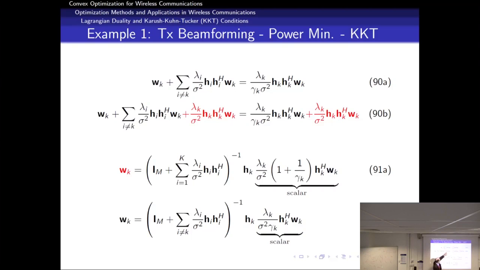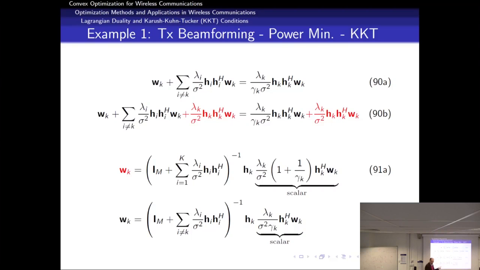And so if you don't have the red terms, essentially you have a sum where you have i different than k. So both solutions are equivalent, but they're just written differently. One where you have a sum over all k, one where you have a sum over non-k. So this is a bit reminiscent of what we have in the MMSE receiver. You're looking at the precoder for user k, and you see the interference from all the other users different than k.